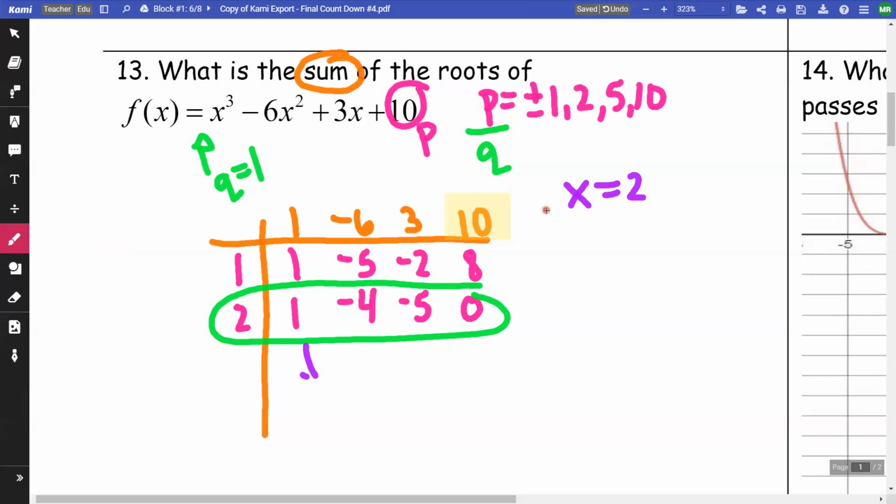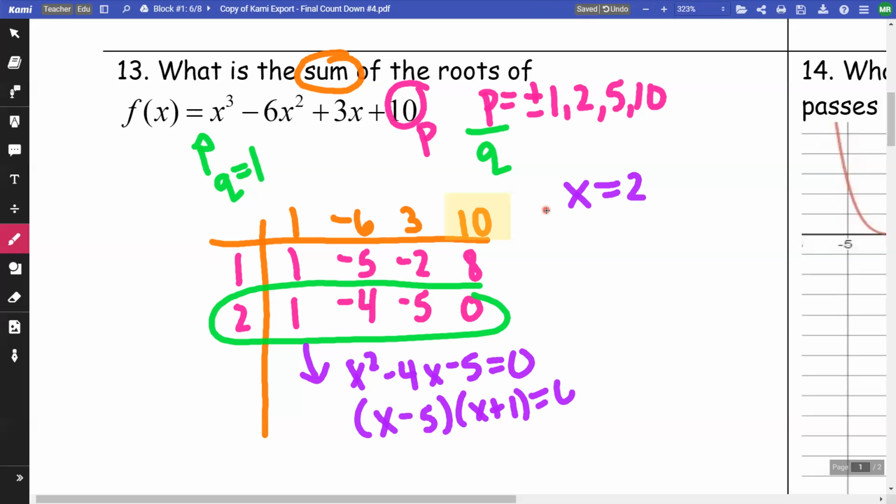So now I'm going to take this x squared minus 4x minus 5. It's going to be 1 degree less than we started with. And I can solve that. That's factorable. What multiplies to -5 and adds to -4? -5, +1. So I'm going to get x is equal to 5 and x is equal to -1.